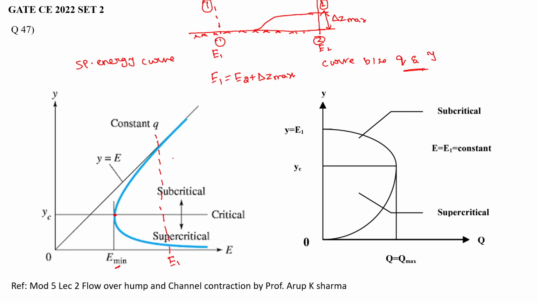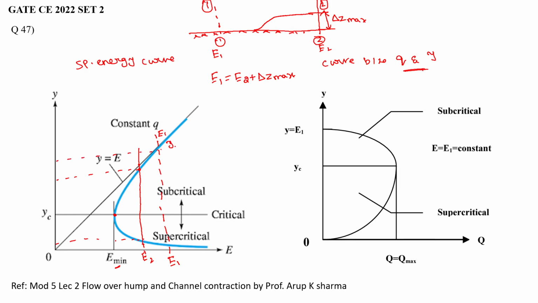Suppose we draw a line corresponding to the value of E1; this is E1 and this is E2. Correspondingly we will have depths.